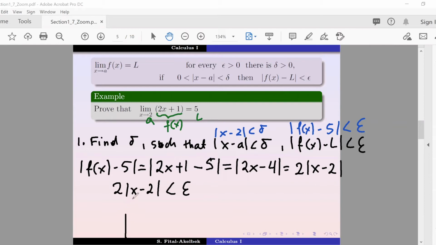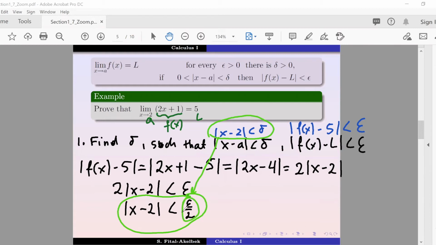So I have x minus 2 less than epsilon over 2. And then if we compare what we have with what is here, we can see that this is my delta, right? The delta is going to be defined as epsilon over 2. So delta is equal to epsilon over 2. We let this be delta. That's how we find the delta. This is the first step.